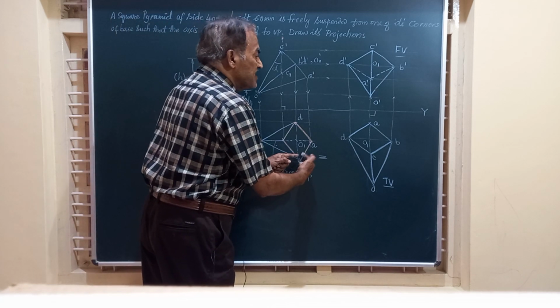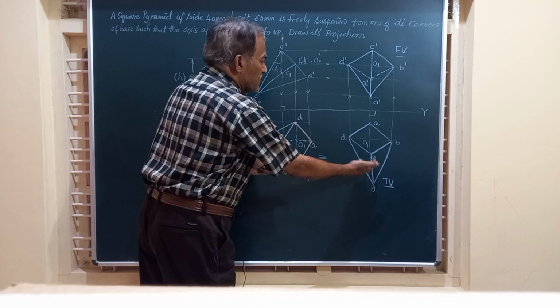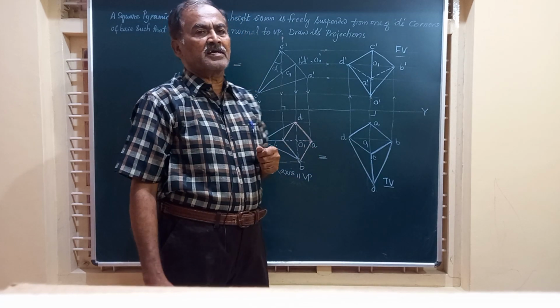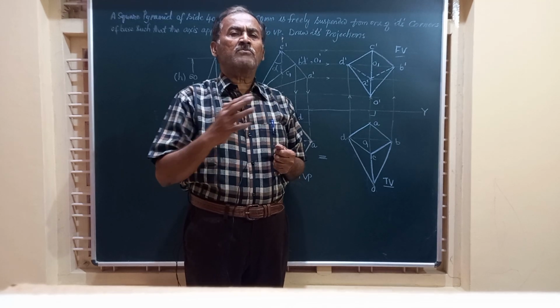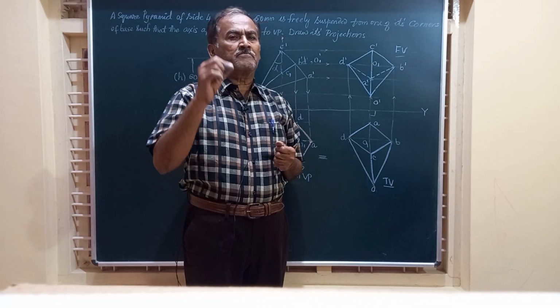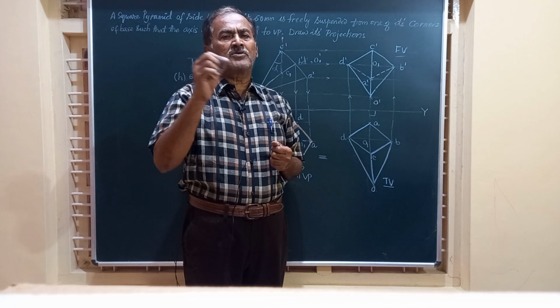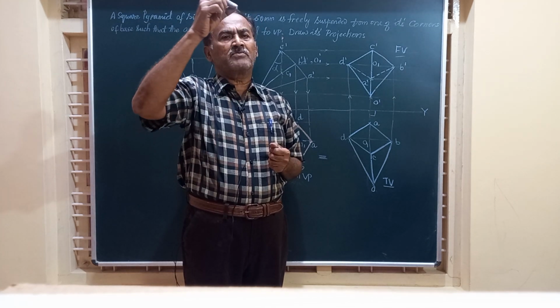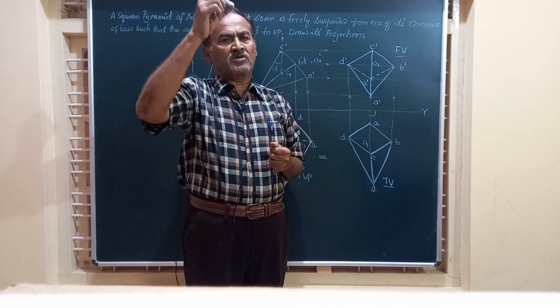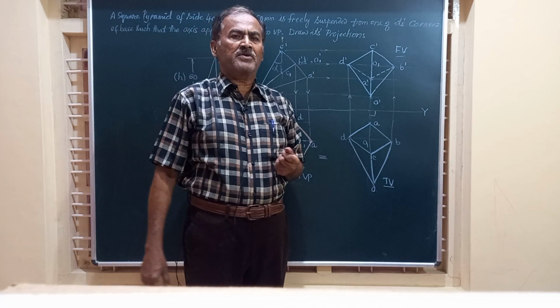Similarly, figure number 3 and figure number 4 are going to be exactly identical. And if you remember this, friends, you can solve any number of problems when the cylinder, prism, pyramid, whatever it may be, is freely suspended from a point on the base or a corner of the top face or the bottom face, whatever it may be.